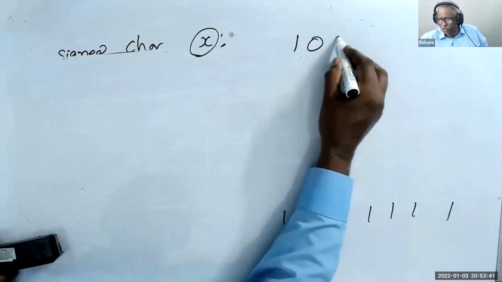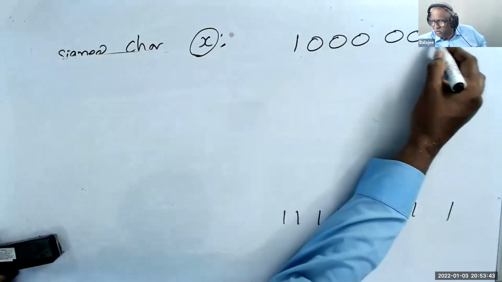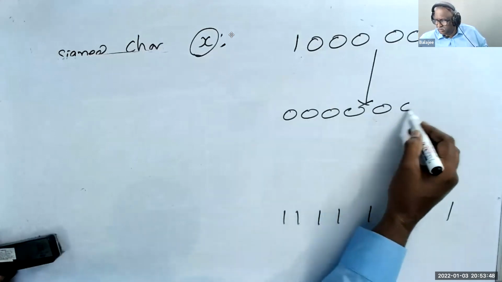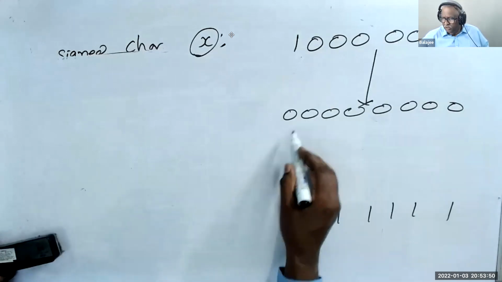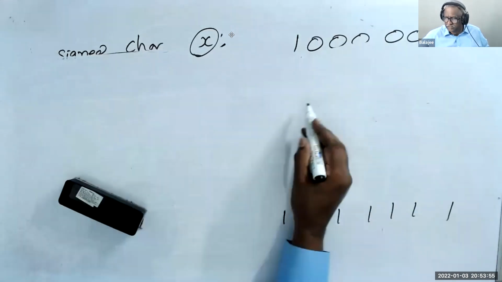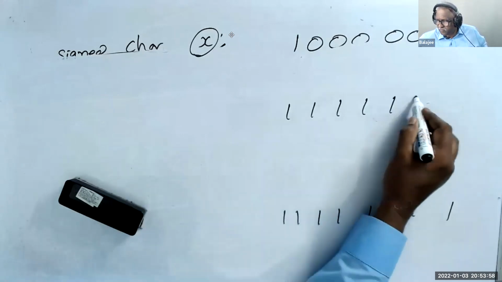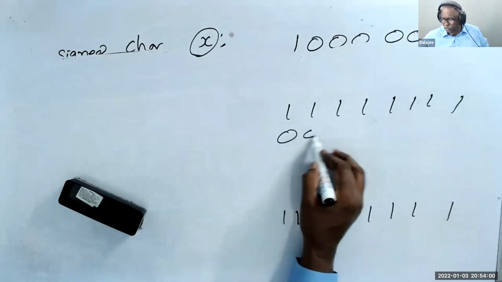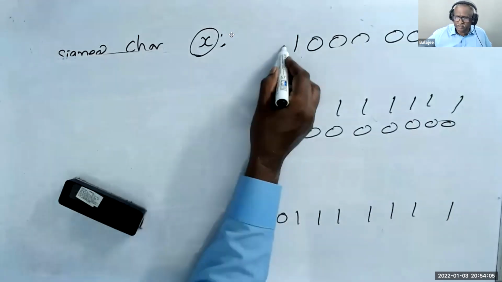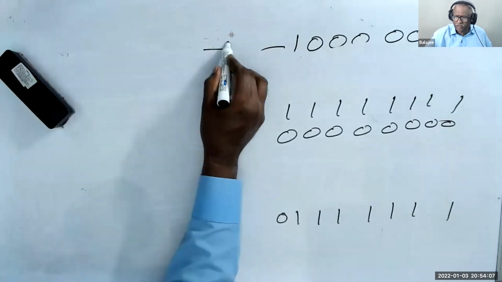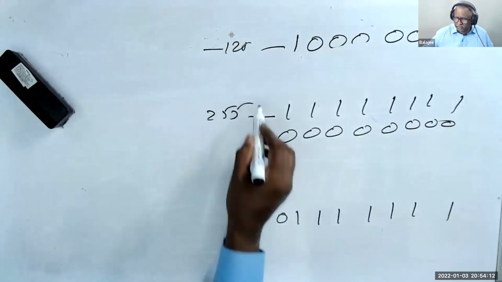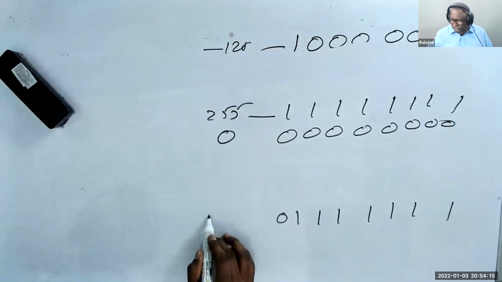From 1000 0000, it goes to 1111 1111 here in between. See, it is divided like this. Then here it's 0000 0000, and it goes to 0111 1111. So this is minus 128, this is minus 1, this is 0, this is 127.